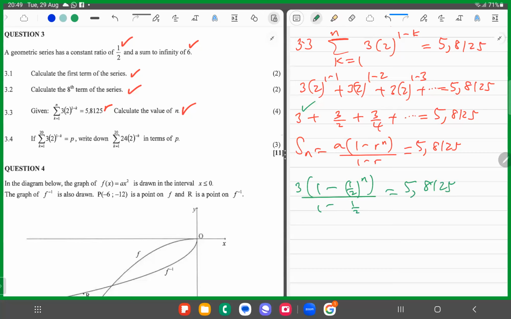Right, so 1 minus 1/2 in the denominator would be half. You multiply the 3 by the 2 that is going to come from the half in the denominator, giving us 6. Okay, 1 minus 1/2, and this is 5.8125. Right, so what is this?